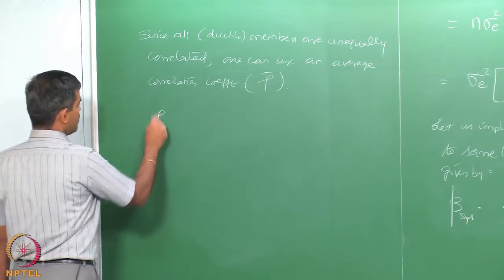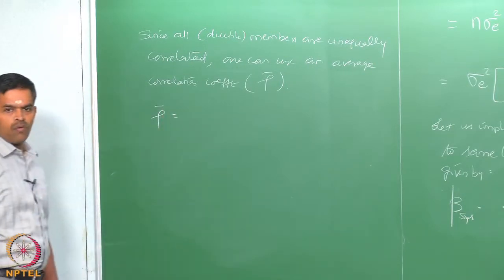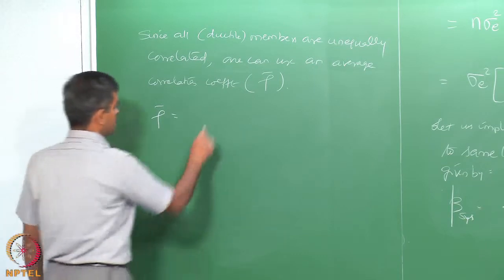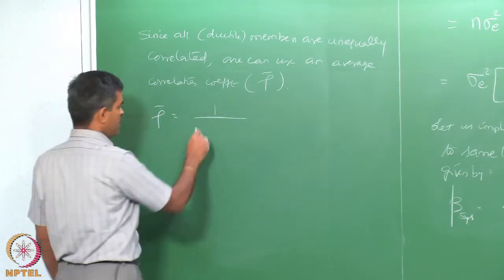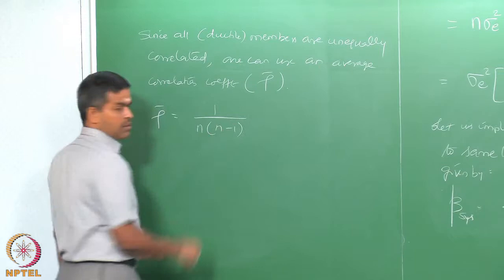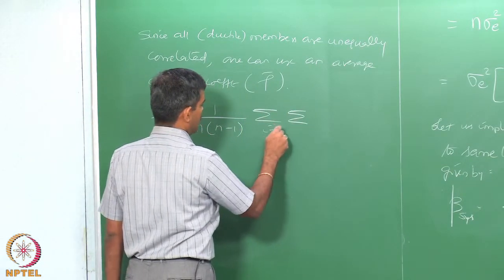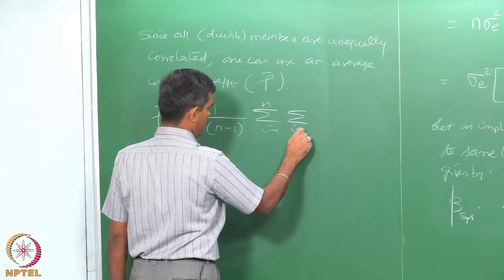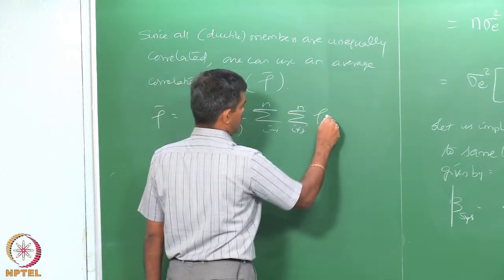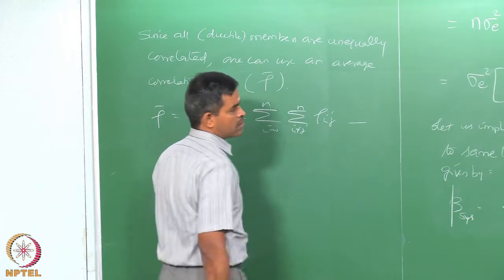So, rho bar, which is the average correlation coefficient of all the members, is given by 1 by n times n minus 1, double summation i equals 1 to n, i not equal to j, of rho ij, equation number 17.